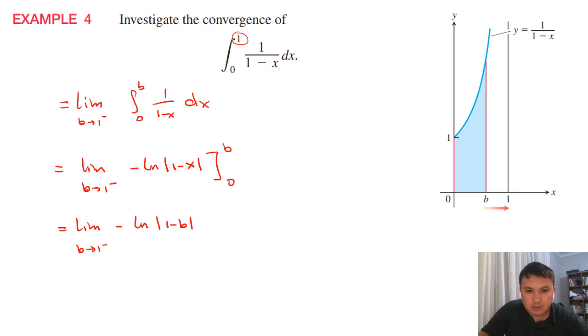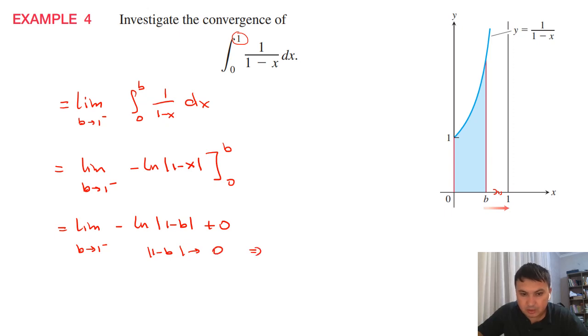At 0, this is simply ln 1, so this is 0. Now, b is approaching 1 from the left, so 1 minus b is approaching 0.